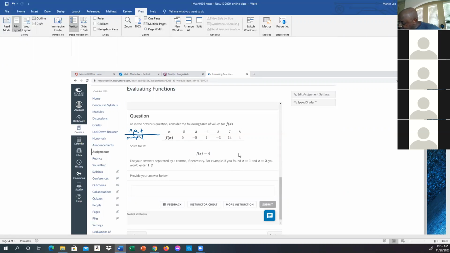So now I want to look and see where do I have f of x equal to 4. I have one value here. So my output is 4, my input is going to be -1. And also here I have an output of 4. So my input is going to be equal to 8.